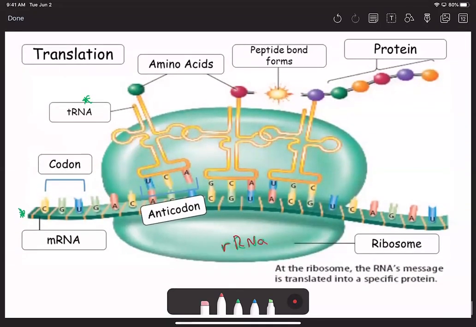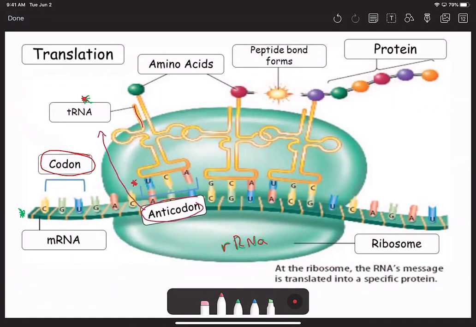Messenger RNA is our template for the protein that we're making. Transfer RNA is this key-looking structure here. The protein is not made down here. The messenger RNA has a codon, and the transfer RNA has the anticodon.